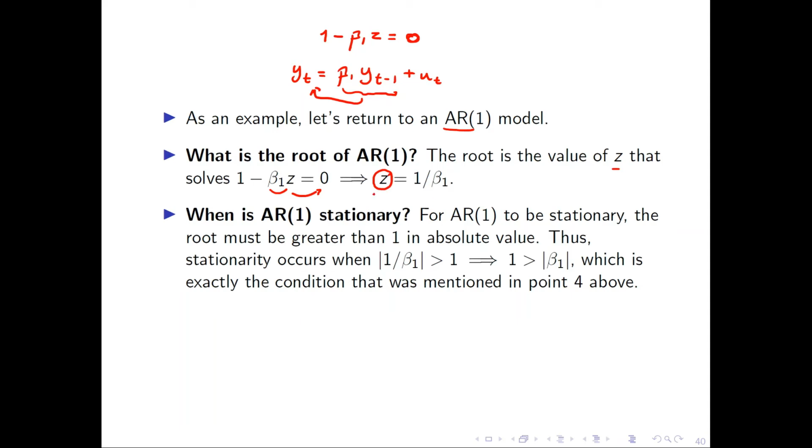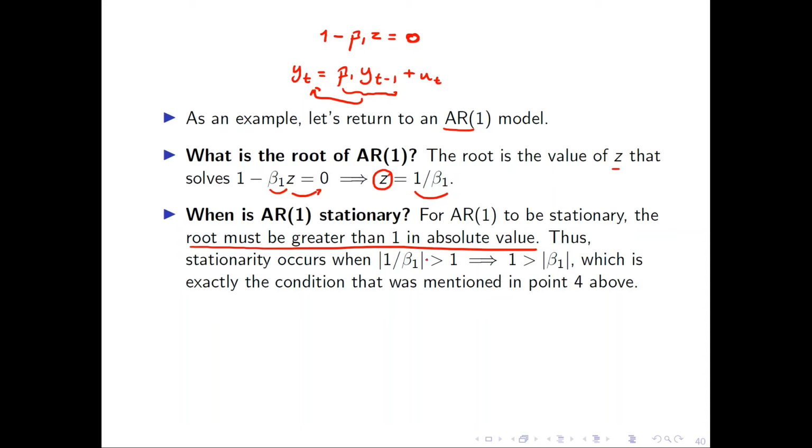And when is this process stationary? Well, for the autoregressive process to be stationary, the root must be greater than 1 in absolute value. So when is this term 1 divided by beta 1 greater than 1 in absolute value?